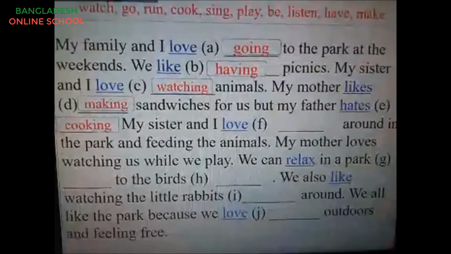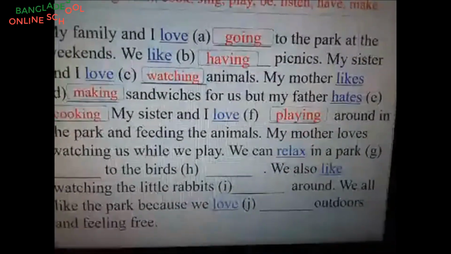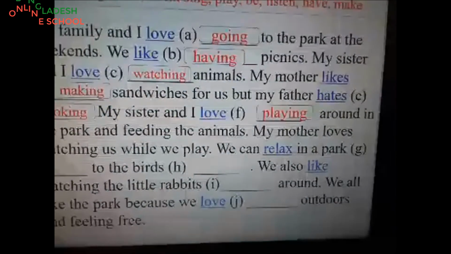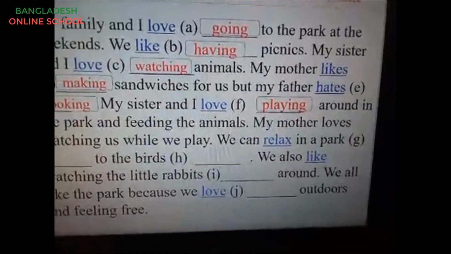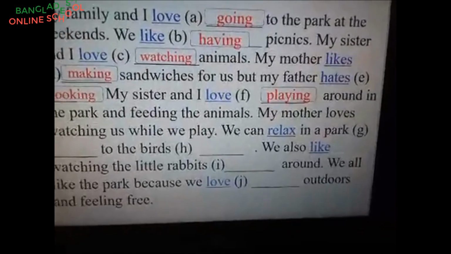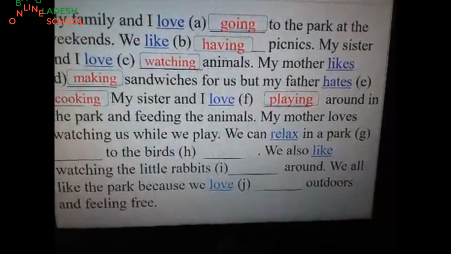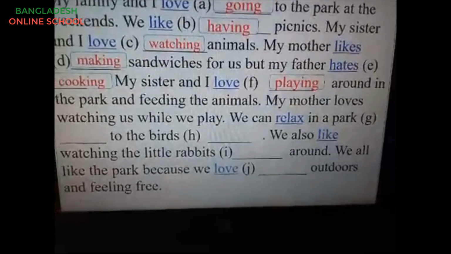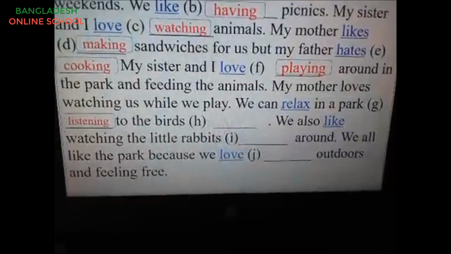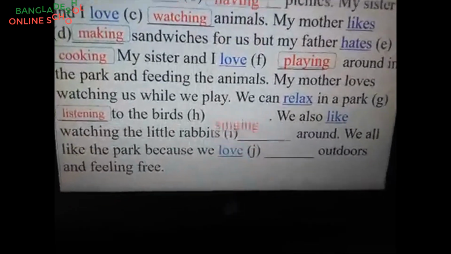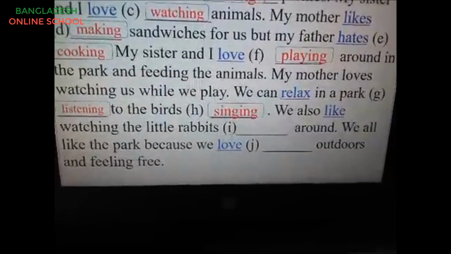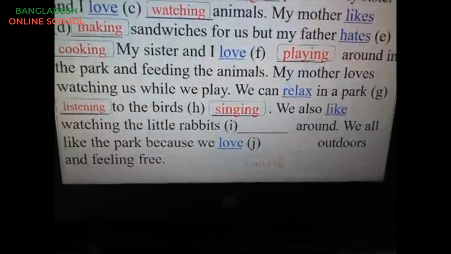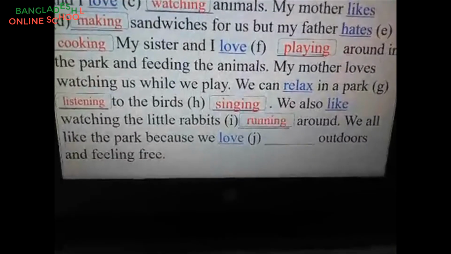My sister and I love playing around in the park and feeding the animals. My mother loves watching us while we play. We can relax in the park listening to the birds singing. We also like watching the little rabbits running around.